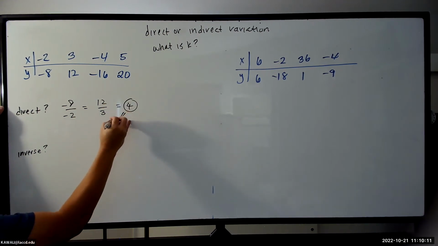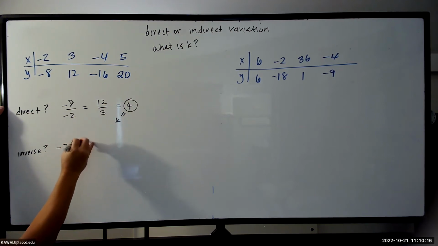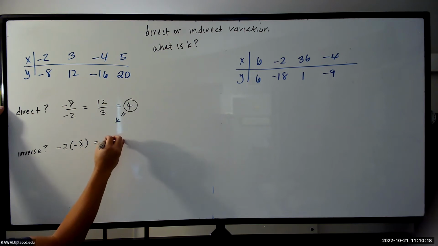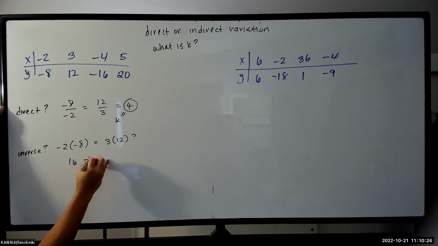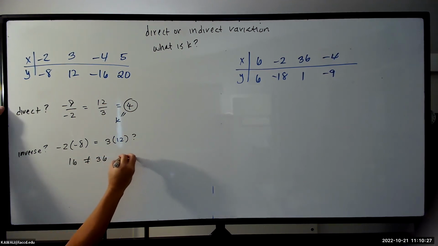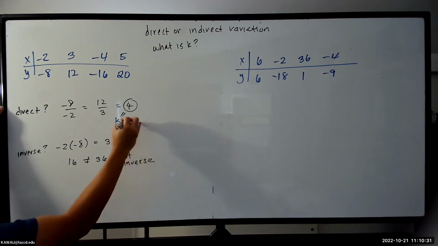That's what my k is. And if I were to multiply them, the answer would be 16 is not equal to 36. So that would be not inverse, right? This would be direct.